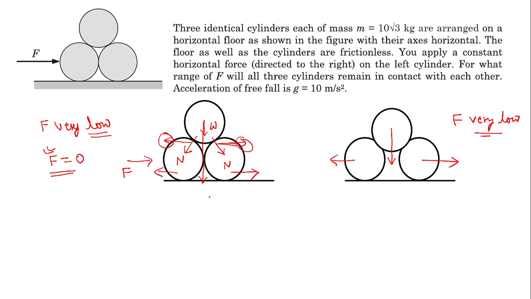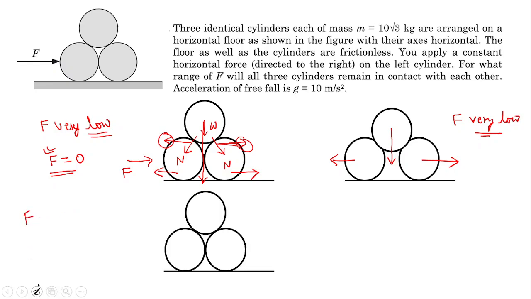Now, what is the situation when F is very high? So now you see what is happening. Initially, this is the situation. What will happen when the force acting on this ball is having a very high value? Can you think of it?